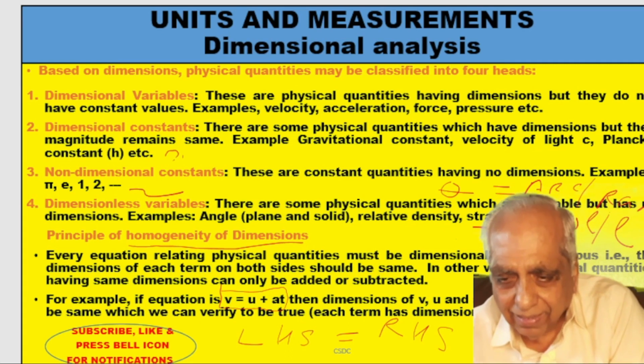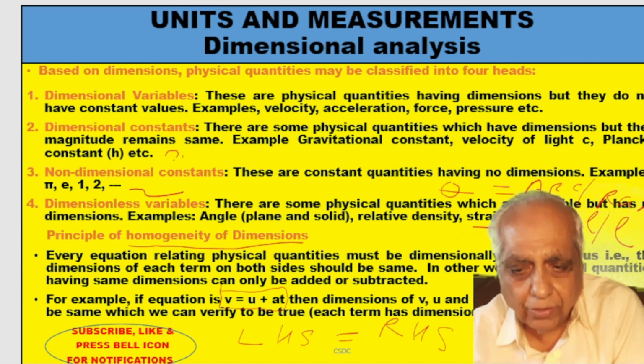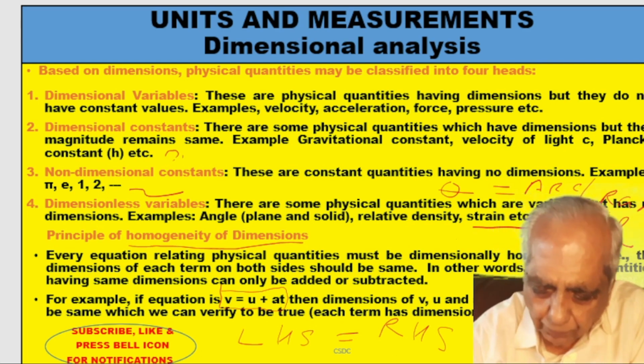At: the dimension of a is L T raised to minus 2, and then further multiplied by t, so this will give me L T raised to minus 1. So the dimensions of each term on both sides are the same. This is called the principle of homogeneity of dimensions. Okay.